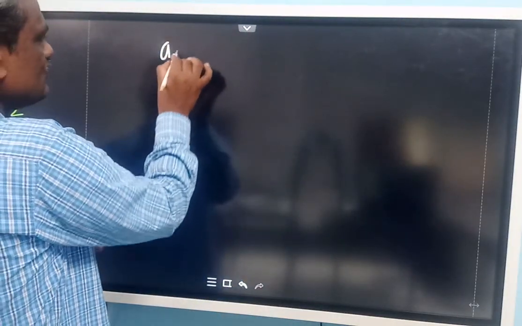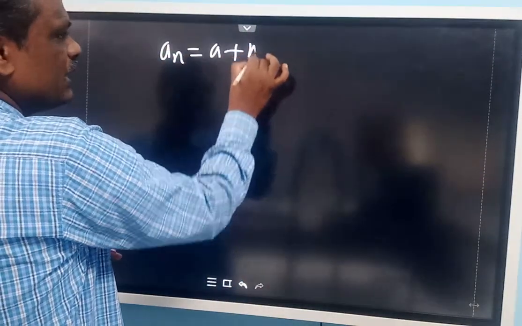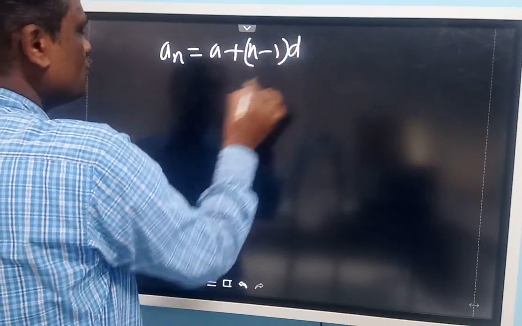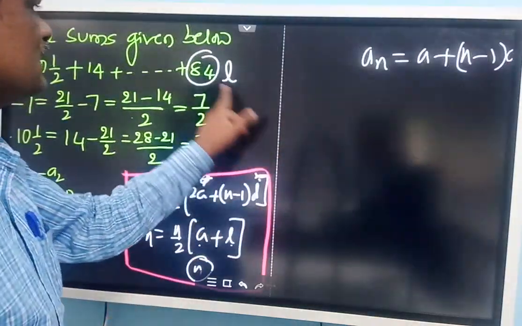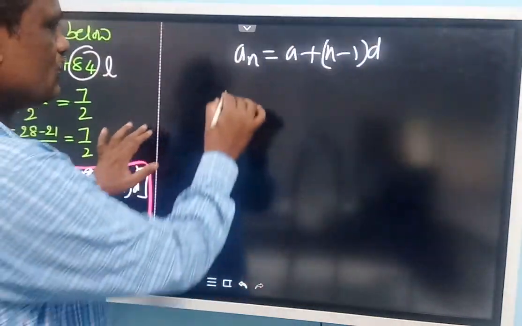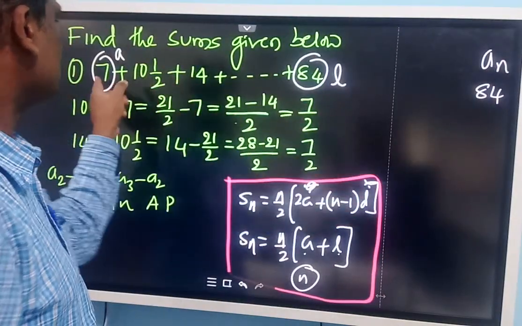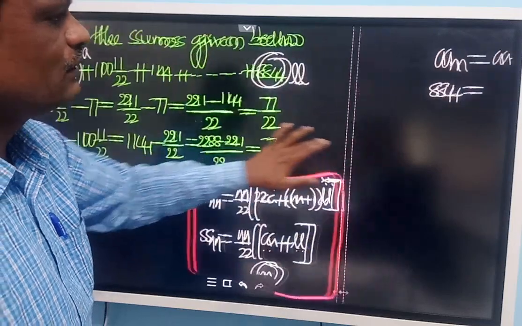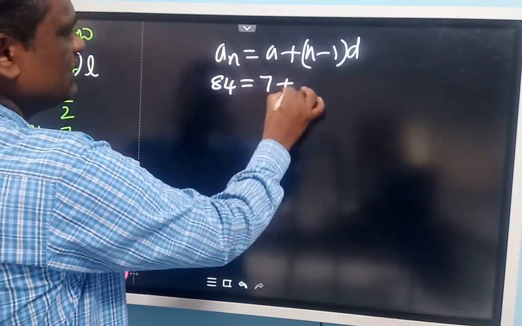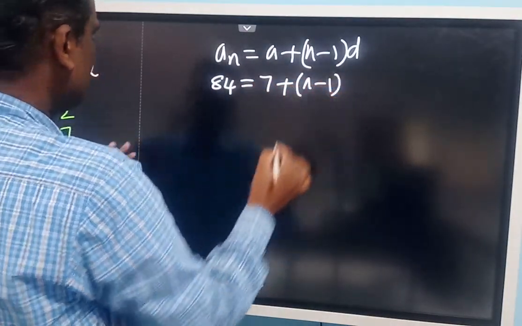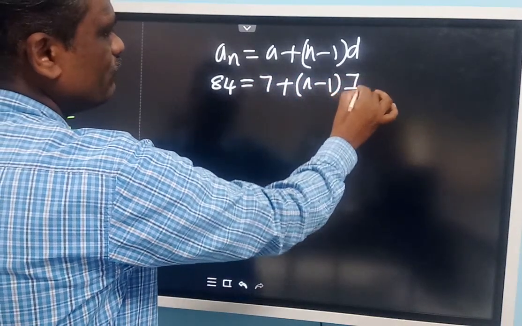So an is equal to a plus n minus 1 into d. The last term of this arithmetic progression is 84. So you write here 84, and the first term a is 7, so 7 plus n minus 1 into d, common difference 7 by 2.